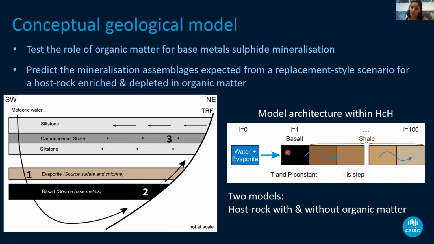We then take that resulting composition, which is basically the metalliferous brine, and then circulate that through the shale sequence. Now we've done two models. We've done one model where the host rock has organic matter, and the second one where the host rock has no organic matter. And the key aspect here was we wanted to test the role organic matter has for triggering base metal sulfide mineralization.